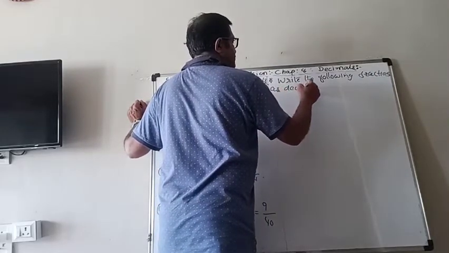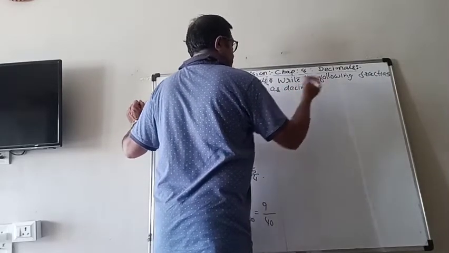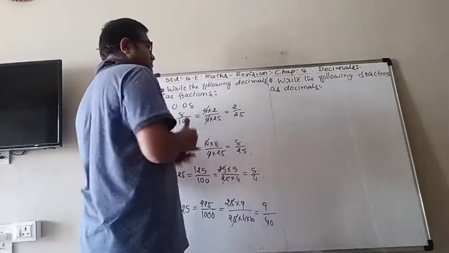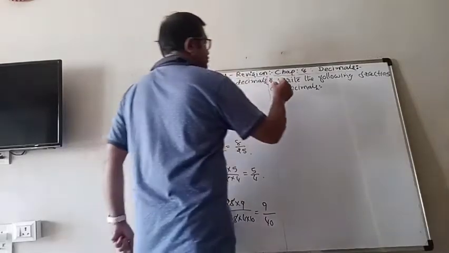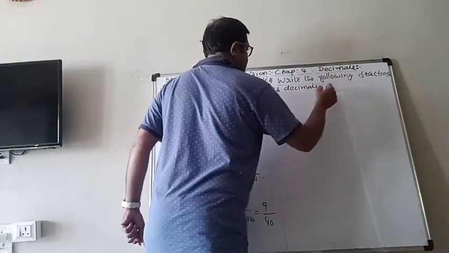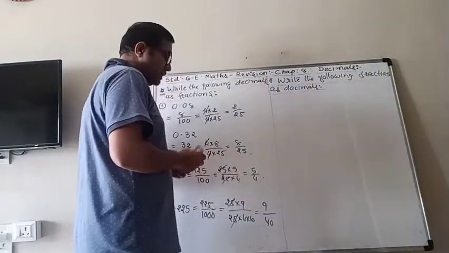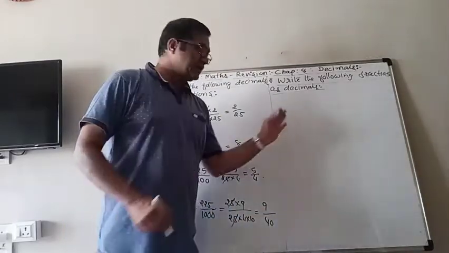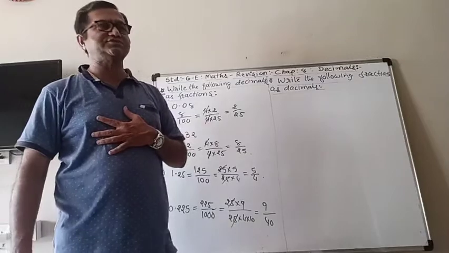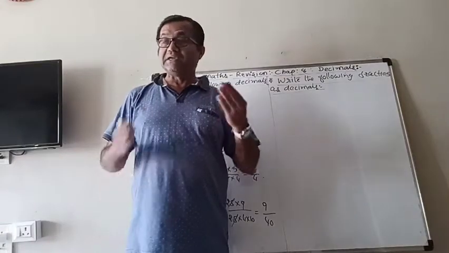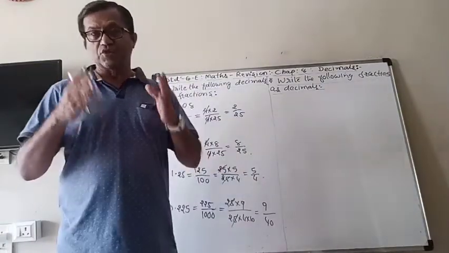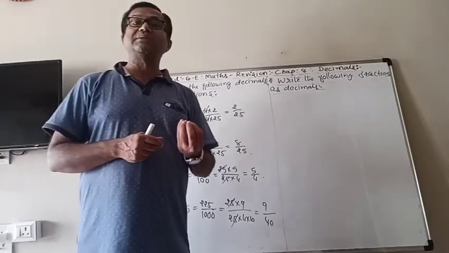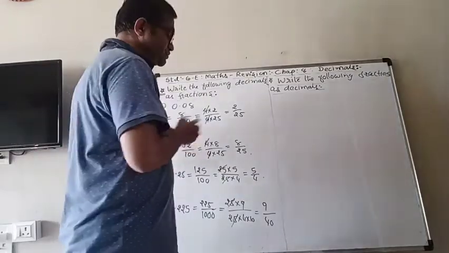Here the numbers are given in the form of fractions, but now we have to do the reverse thing, meaning you have to write them as decimals. They are very simple, because in the denominator there is already 10 or 100 or 1000 given, so it will be very simple for us.